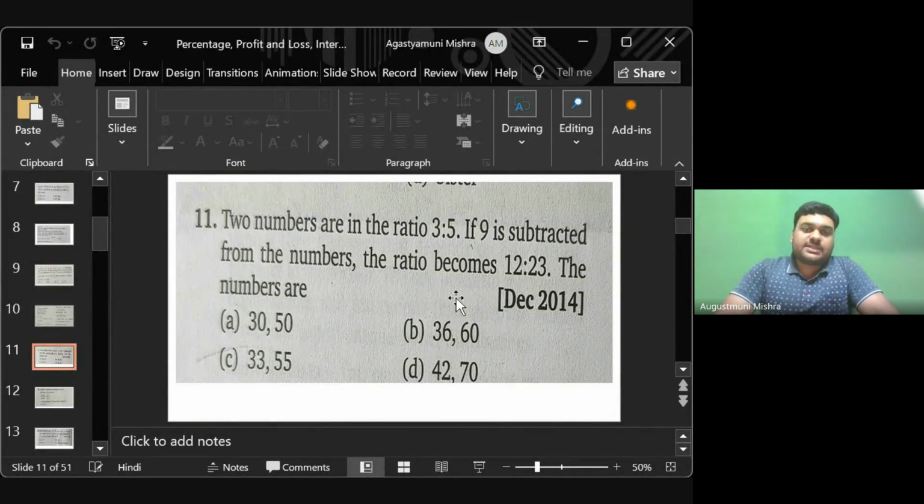Okay. This is another UGC NET question, December 2014.